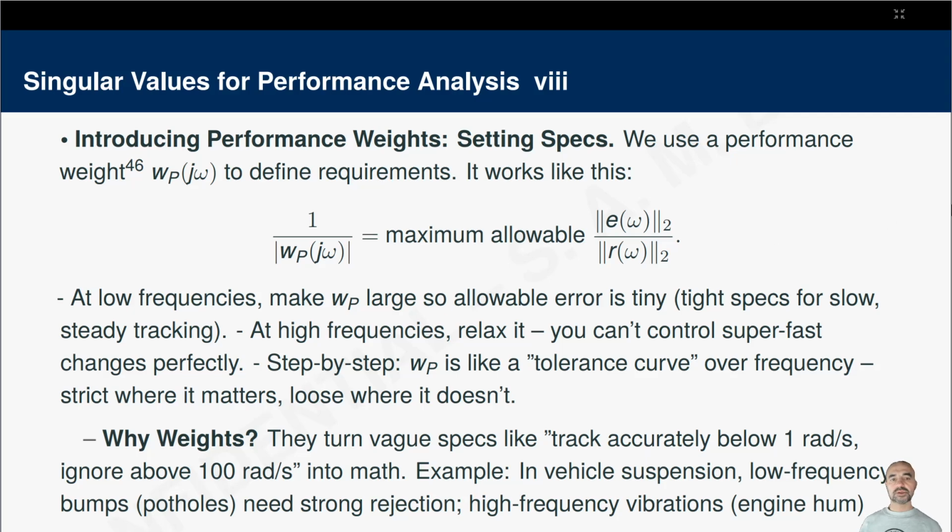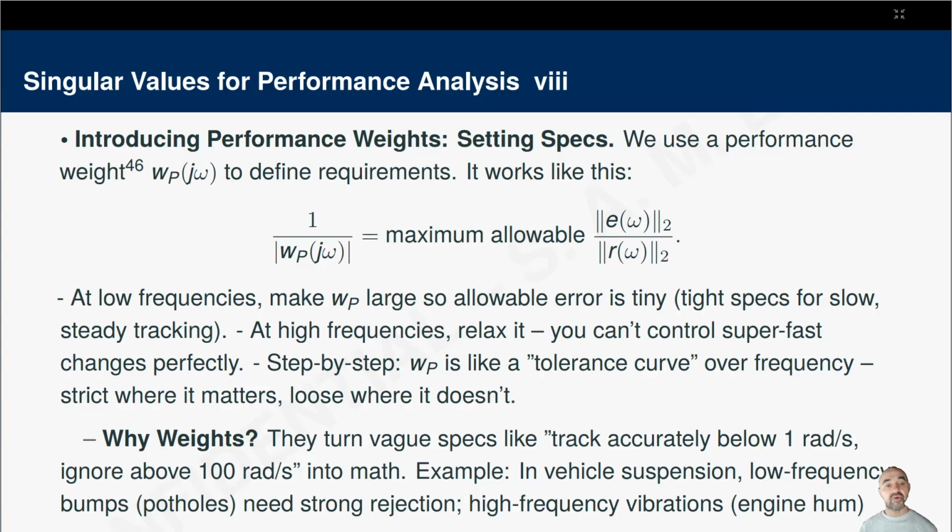Let's talk about performance weight. We use a performance weight WP to define requirements. It works like this: 1 over the magnitude of WP. We always talk about the magnitude because we have a vector, and it only makes sense to talk about the magnitude of the vector.